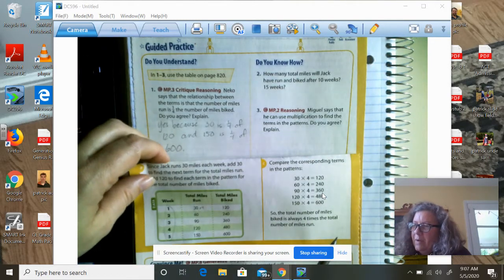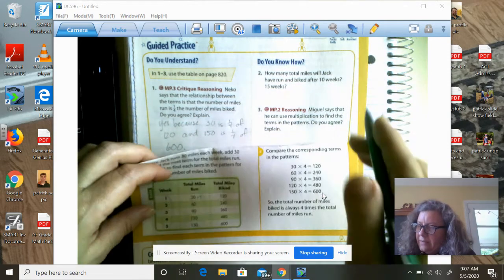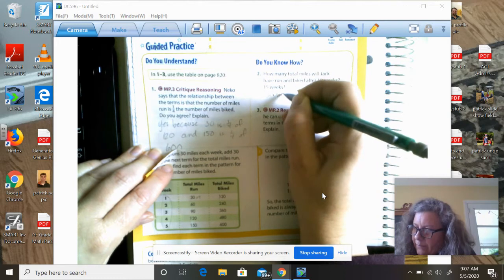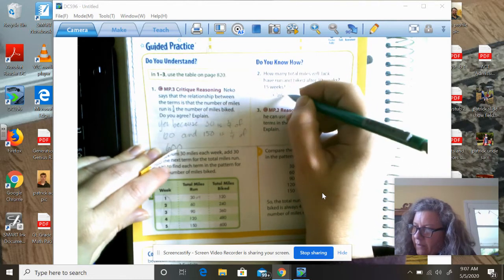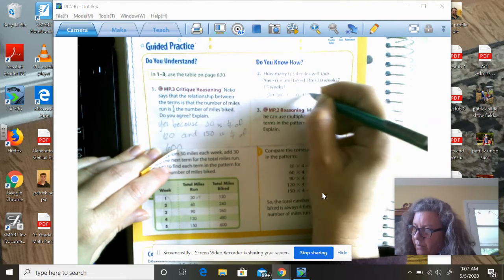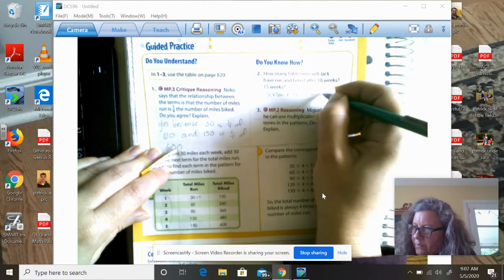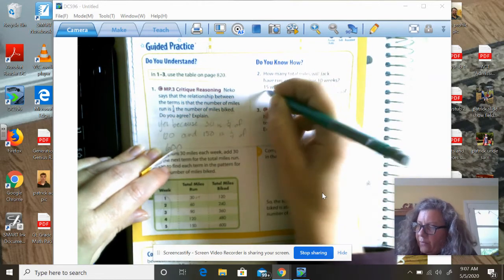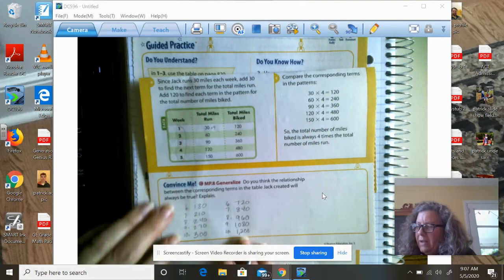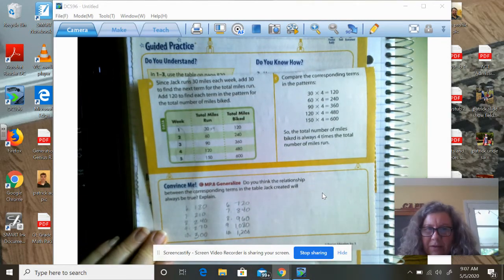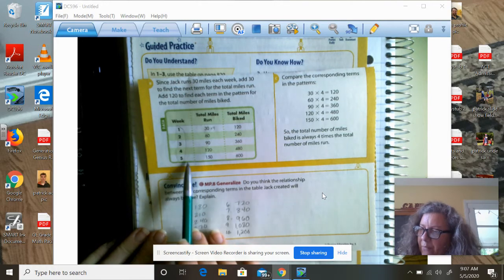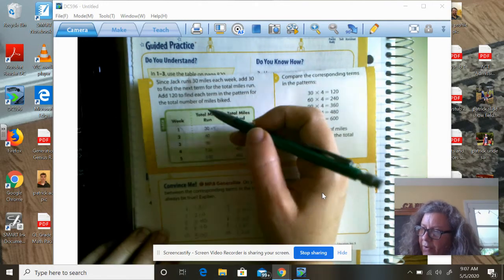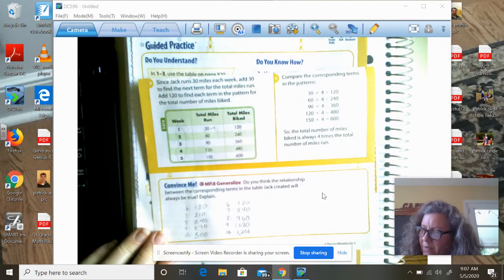How many total miles will Jack have run and biked after 10 weeks? We have 300 miles run to 1,200 miles biked. And then they asked us for 15 weeks. Well, I'm going to make this simpler because, as we just discussed, in 5 weeks, he's going to run 150 miles, right? 30 times 5 gives us 150.